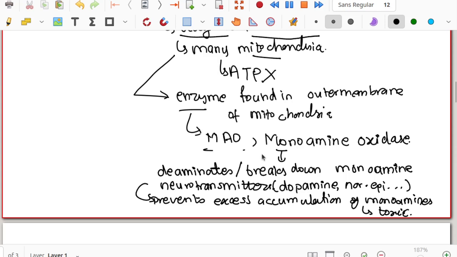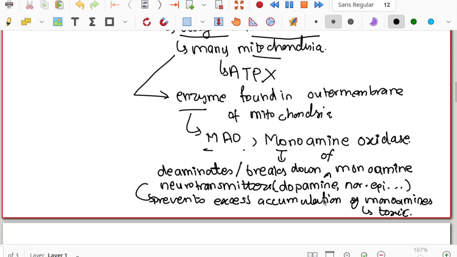This helps in the breakdown of monoamines. So what are monoamines? Simple understanding, monoamines are neurotransmitters in the axons, and we know neurotransmitters are required in the neurons. And deamination means simply breaking down of monoamines.